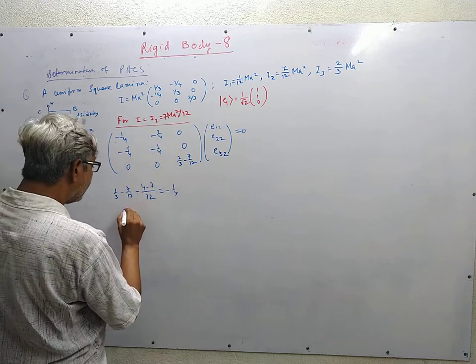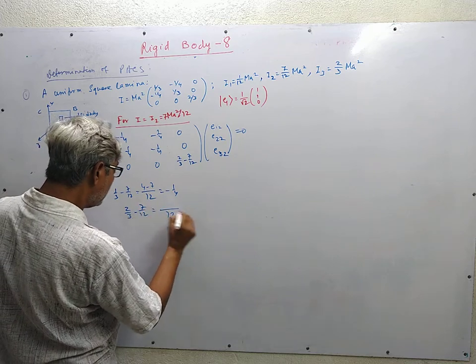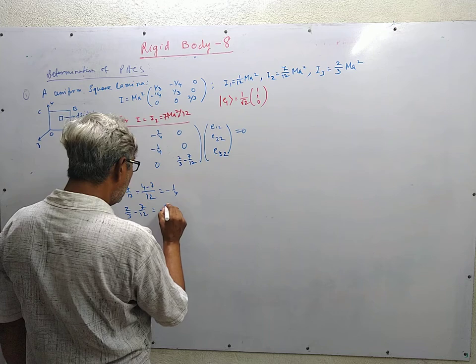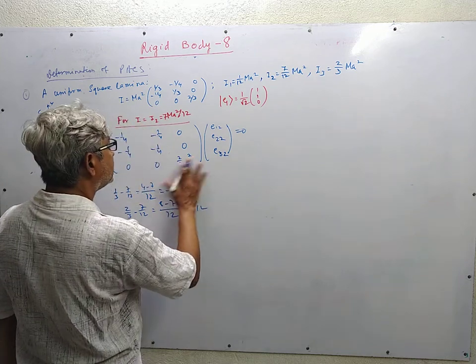And the factor 2 by 3 minus 7 by 12 is 1 by 12.